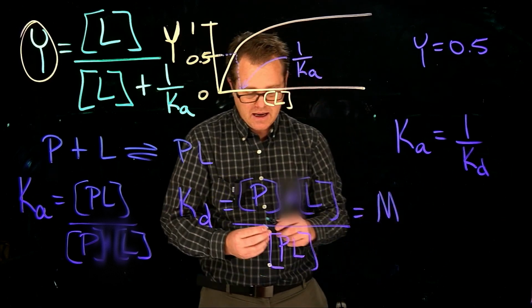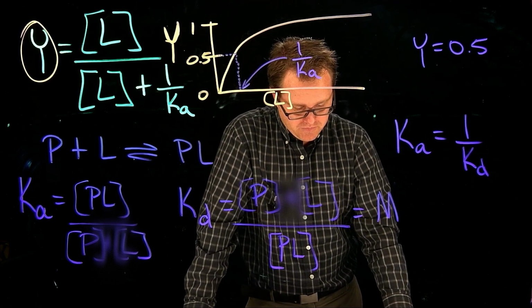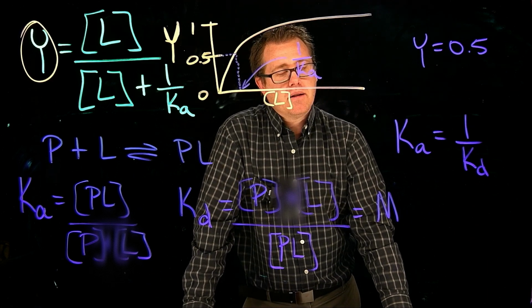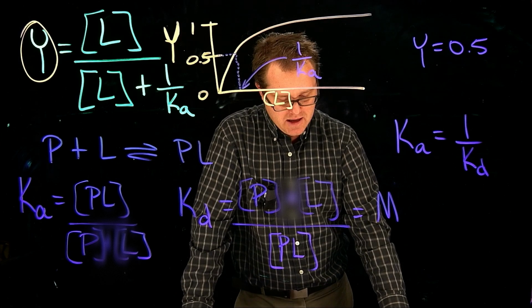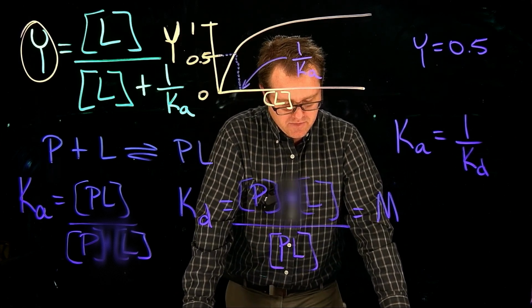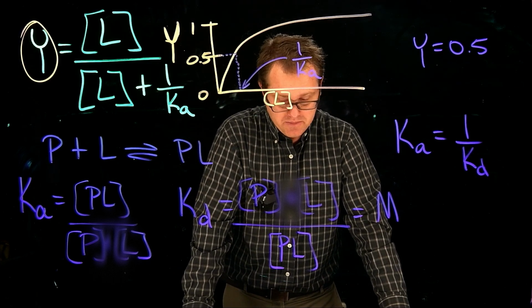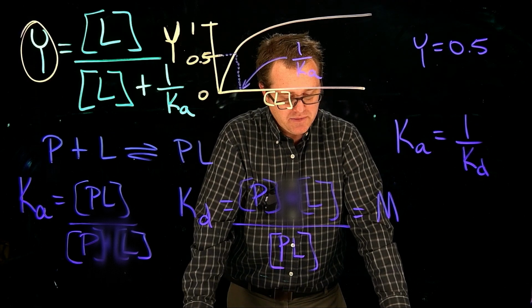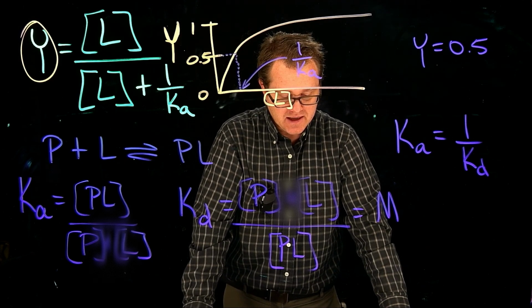Okay. Kd equals molarity, like that. Another thing that you need to be aware of is, I want to read this for you. So Kd, right here, is equivalent to the molar concentration of the ligand at which half of the available ligand binding sites are occupied.